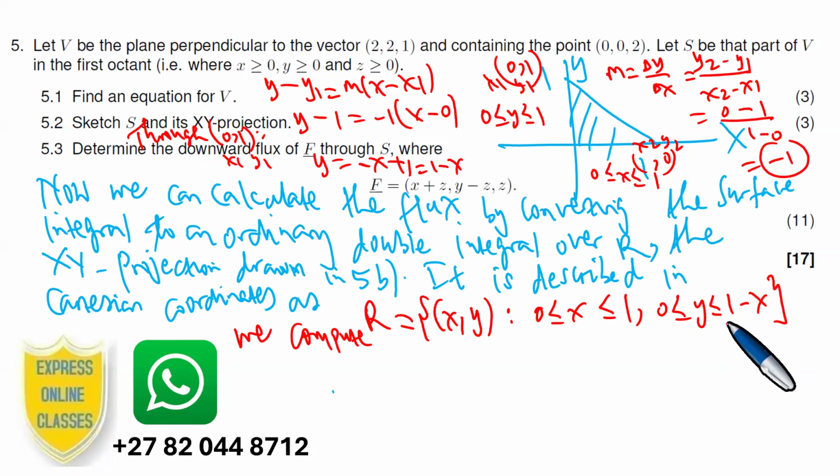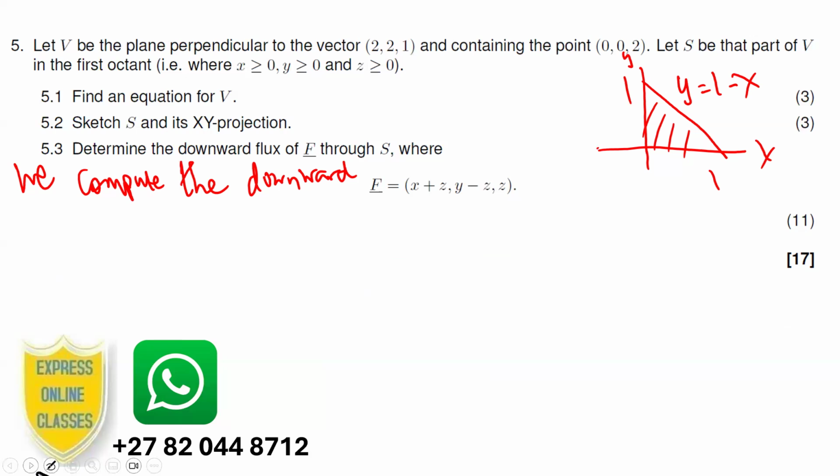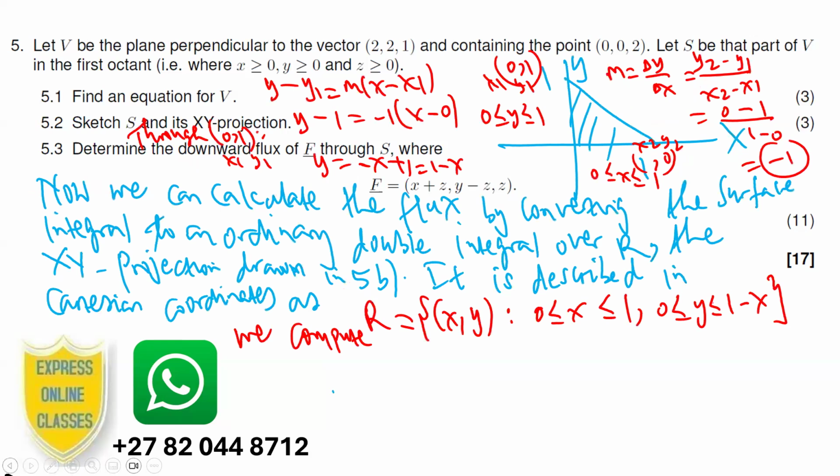I thought it's going to be 1 minus x. Yes, it is 1 minus x. Is it a square? Did I use a square somewhere? Is that not a 2? Oh, this one.